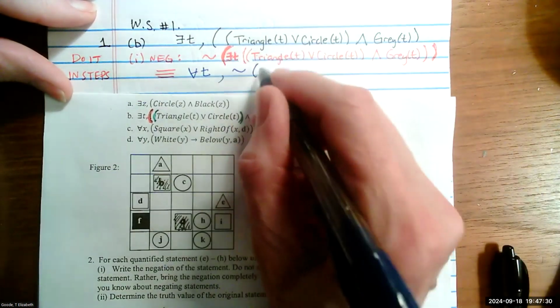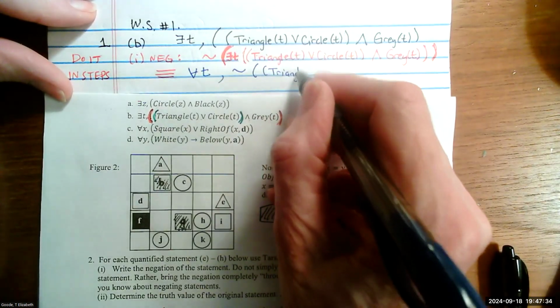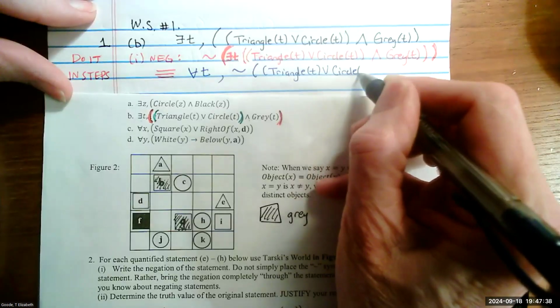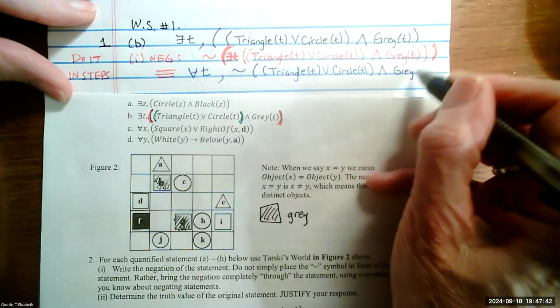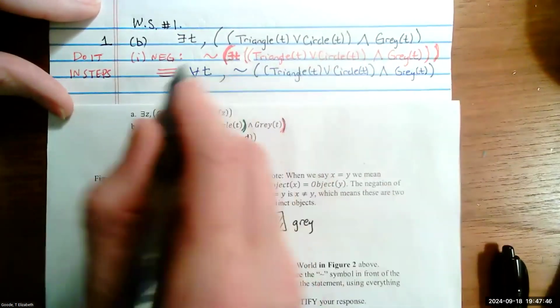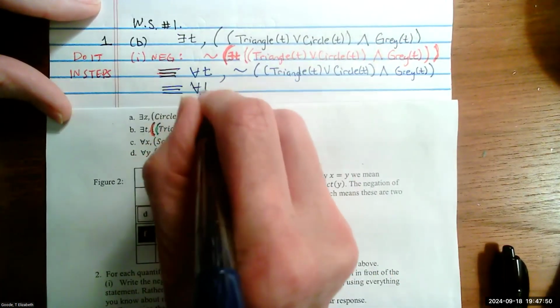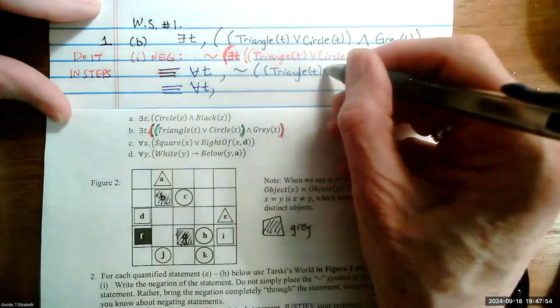All right, so we're going to negate triangle T or circle T, quantity, and gray T. Now we got to bring the negation through that. So for all T, okay, now this is an and statement before it's an or statement, right?